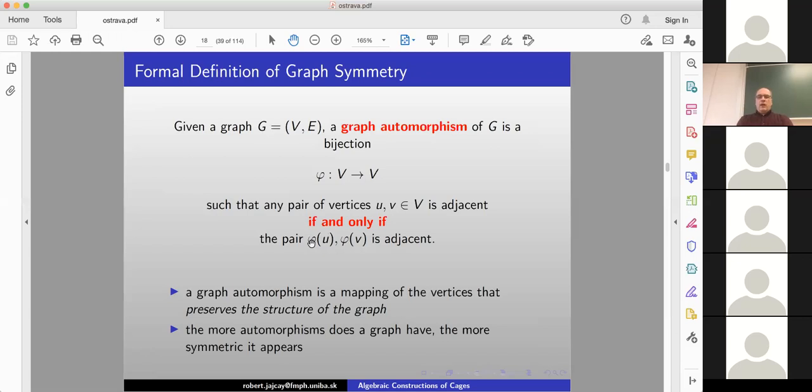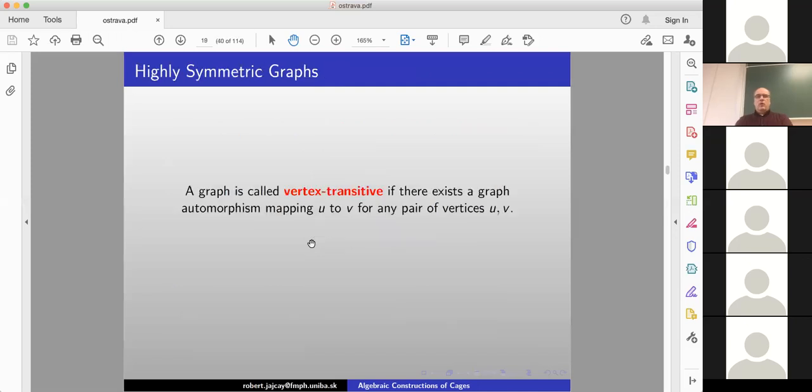So if you have lots of automorphisms, lots of vertices look the same, and you're getting what I was promising, that if you have many automorphisms, then you only need to check the neighborhood of one vertex, and wherever the image of this vertex is, you don't have to check that, because that's guaranteed by the property that it's a graph automorphism.